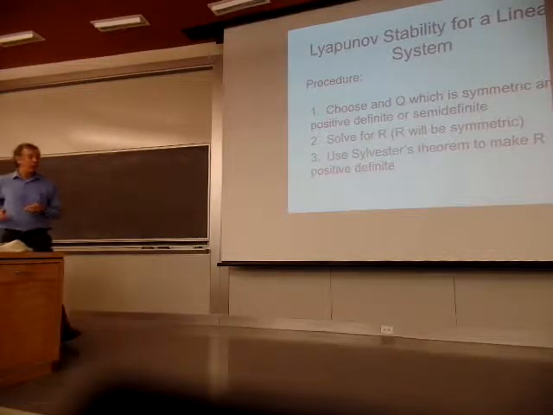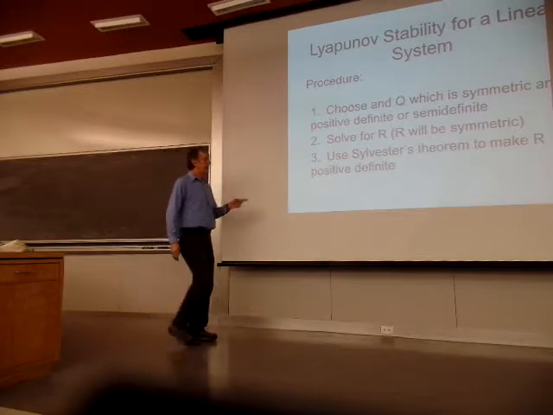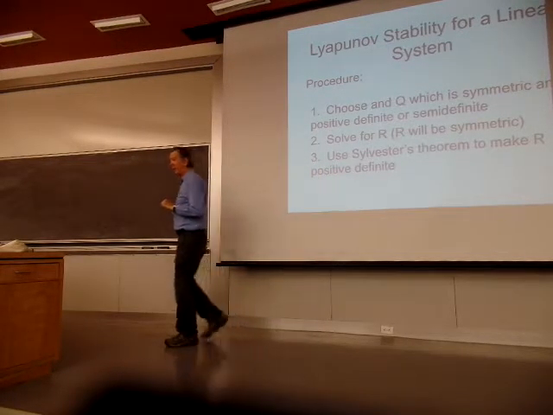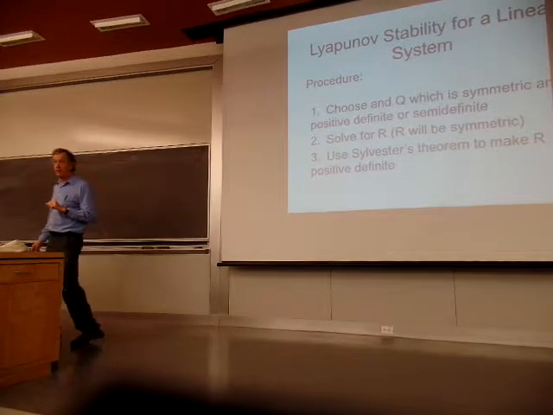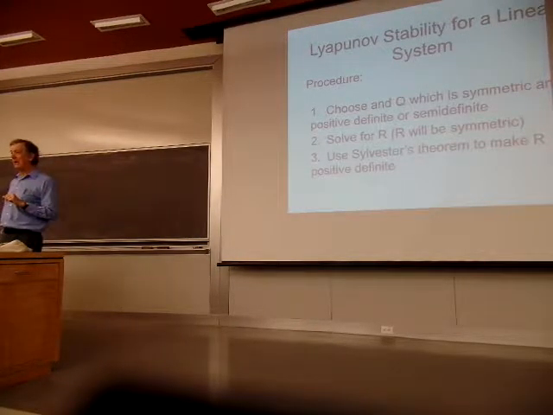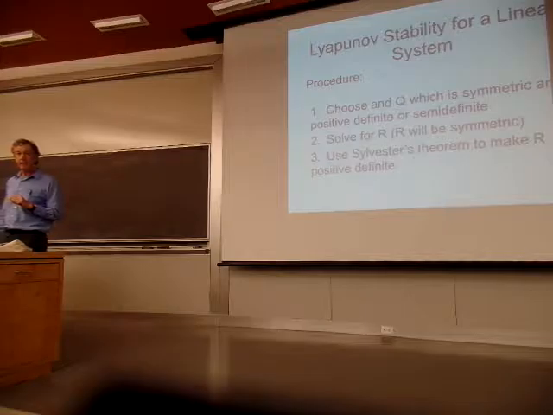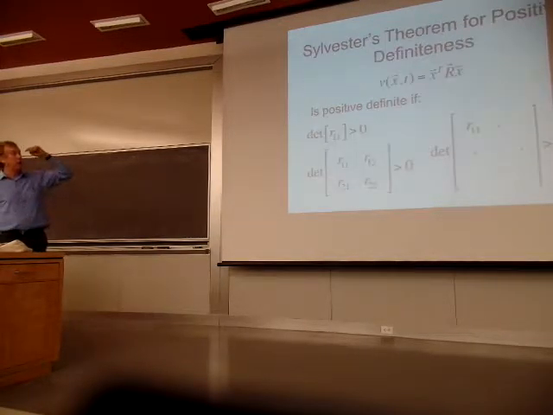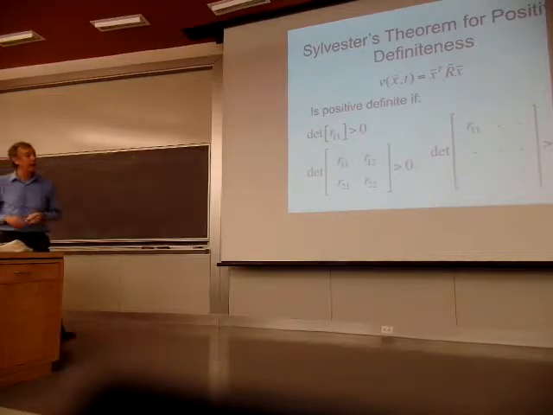And we use Sylvester's theorem to make R, or check that R is positive definite. Did you ever go through Sylvester's method for determining positive definiteness in a class? No, it's not too hard. Well, let's go through it. Okay.